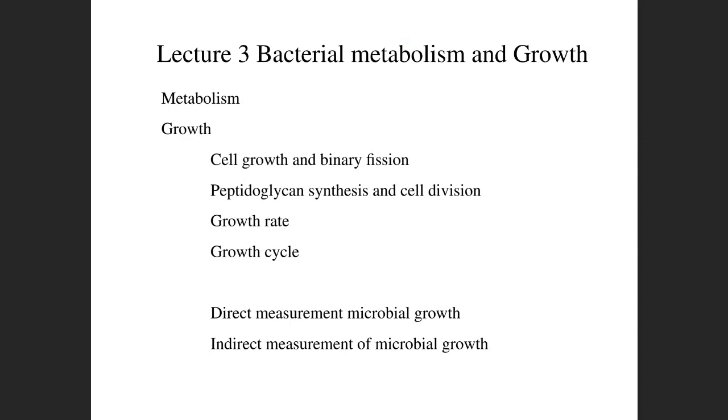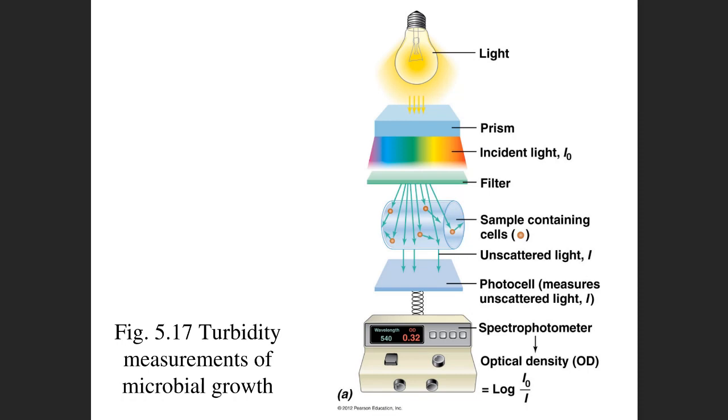And so those are the direct measurements, but you can also have an indirect estimate. That's the optical density. Okay, so with optical density, if there's a cell suspension, you can even hold it up to the light and say, it's cloudy, right? Cloudy is because it's blocking the light.